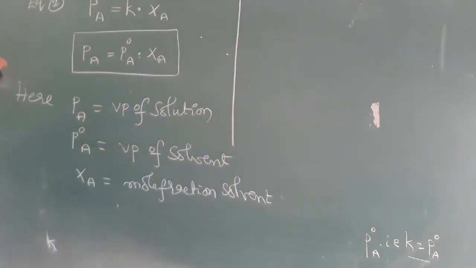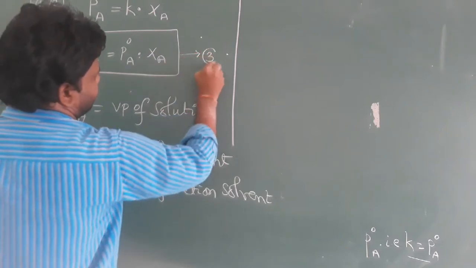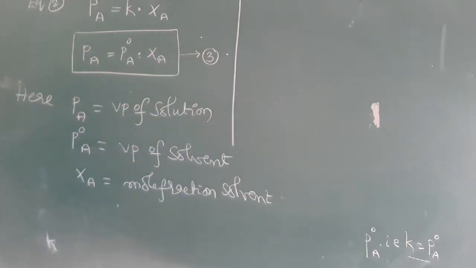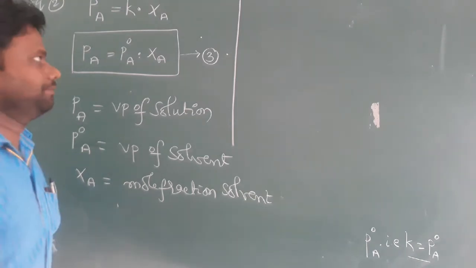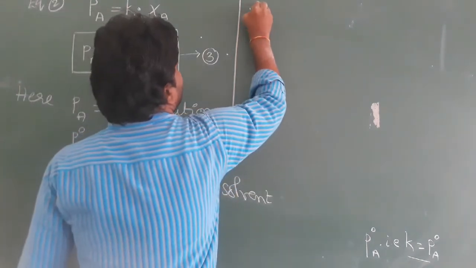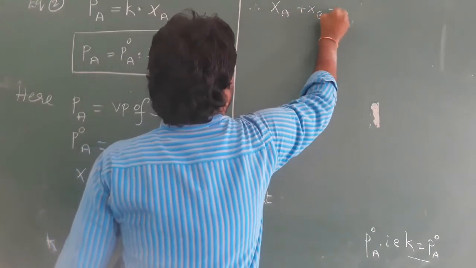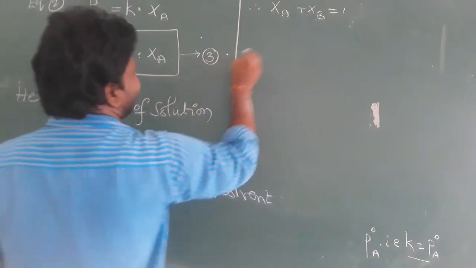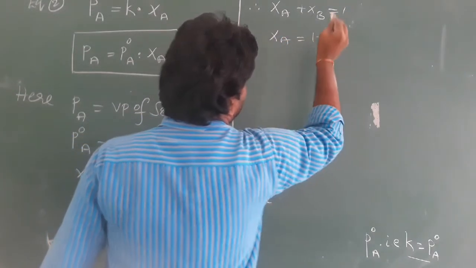Okay, now look here. This is equation number 3. Do you know that the sum of the mole fractions of any two compounds is taken as 1? So therefore here XA plus XB is taken as 1. I want XA. XA is equal to 1 minus XB.